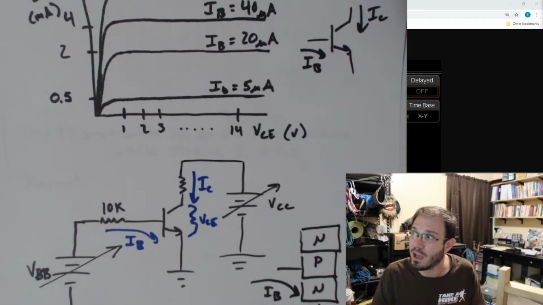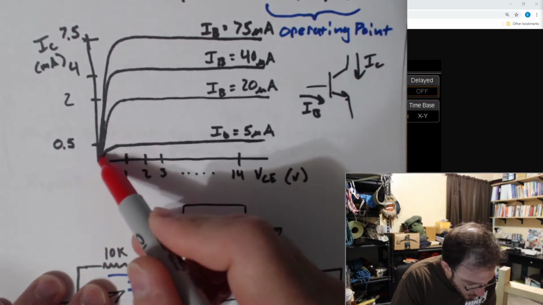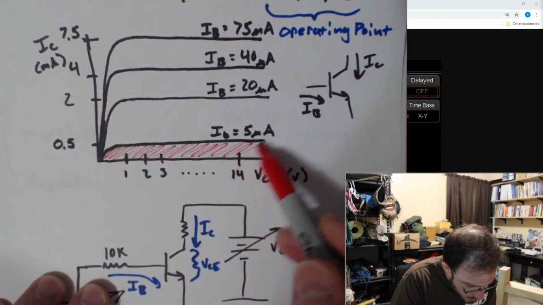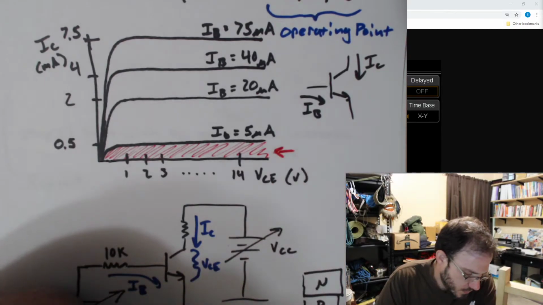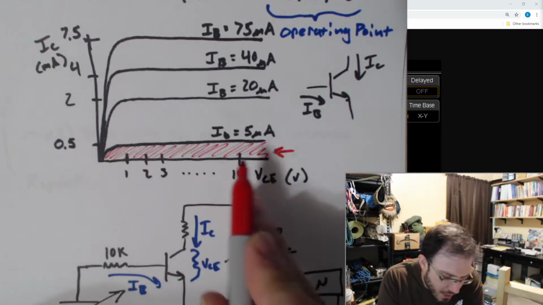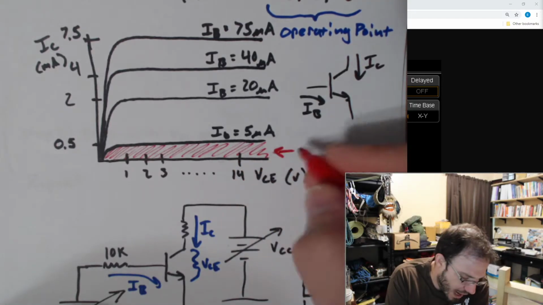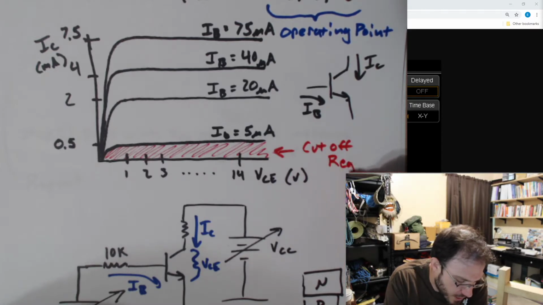It's within its cutoff mode. So we generally define along the x-axis at the bottom as being our cutoff region.